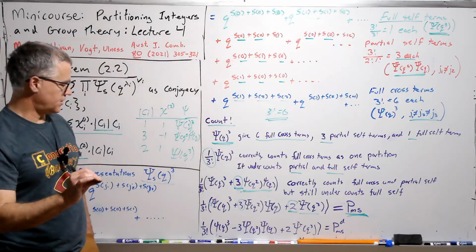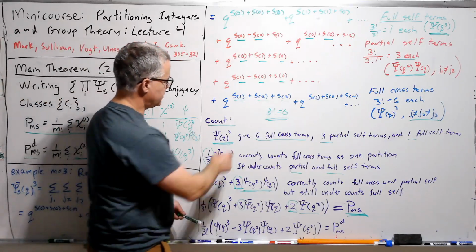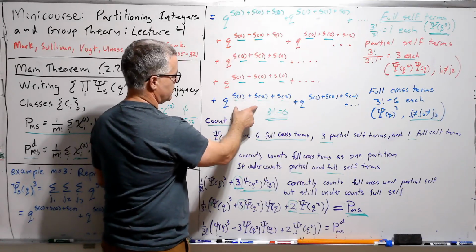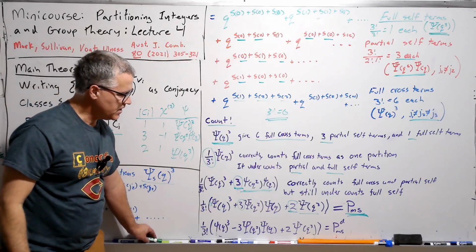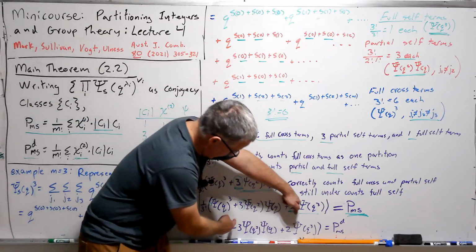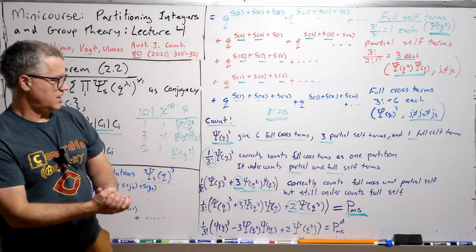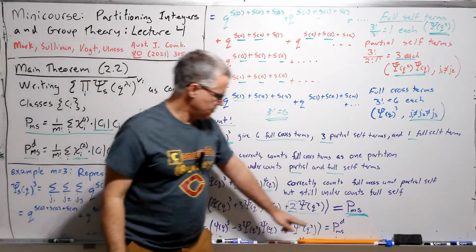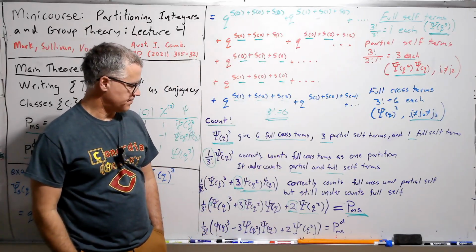Those have to equal 0. And that leaves just the distinct full cross terms that are contributing to the partitions. So we have taken the partitions and, by doing this, we have removed the repeats. And so now we have the distinct partitions.